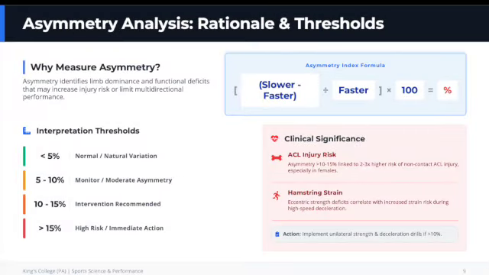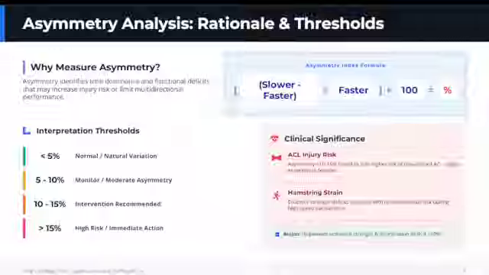The asymmetry analysis, the rationale, and the thresholds. Why measure asymmetry? Because it identifies limb dominance and functional deficit that may increase injury risk or limit multidirectional performance. The formula is slower minus faster, divided by faster, times 100.